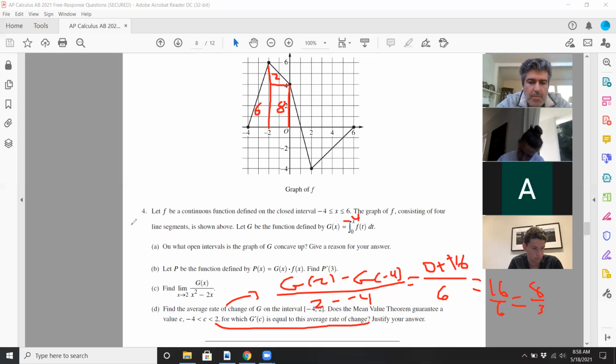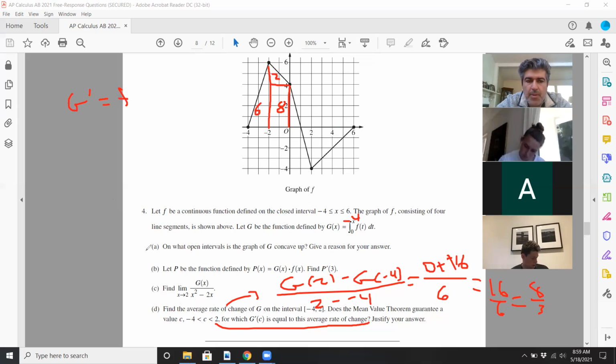So is it possible that G prime will equal the average rate of change? Well, remember G prime is F, right? We know this.